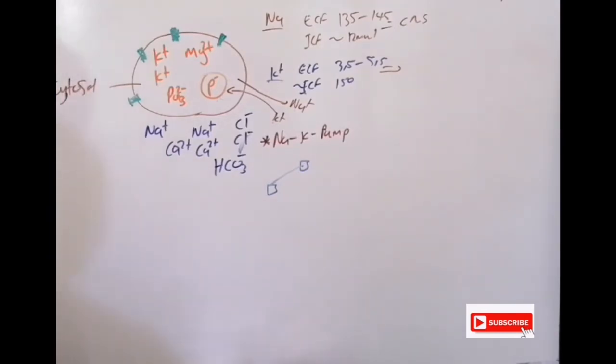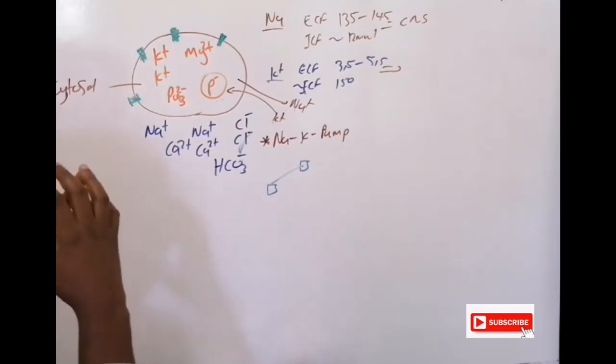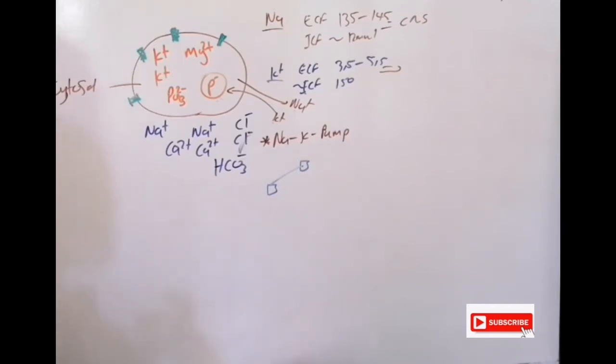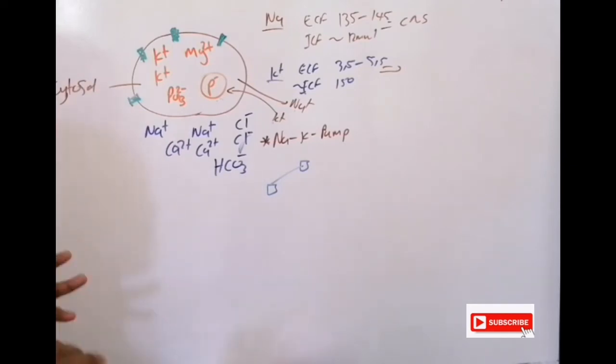So yeah, now guys, sodium is very, very crucial. It's the main determining factor in terms of how water moves. When you've got sodium abnormalities, you are going to have movement of water. You're going to have a shift of fluid from one compartment to another.